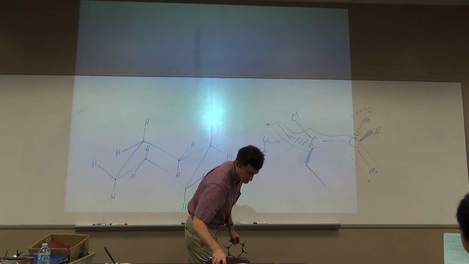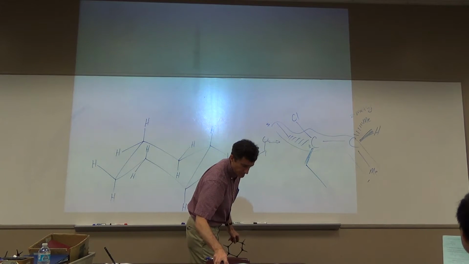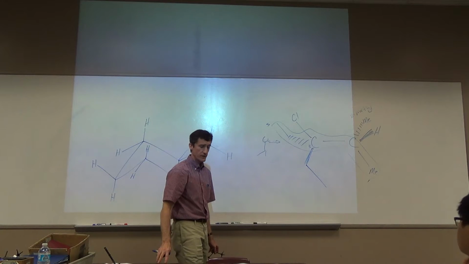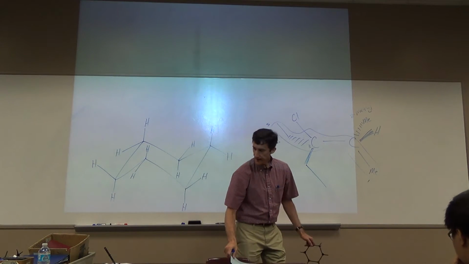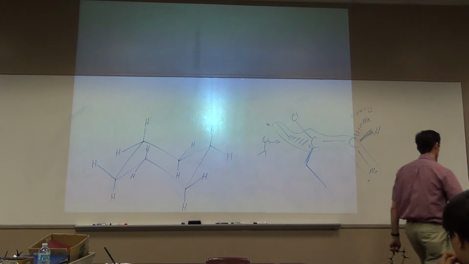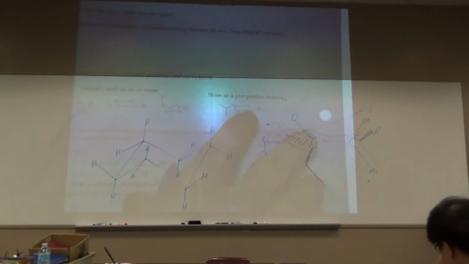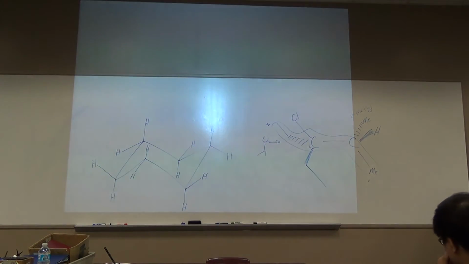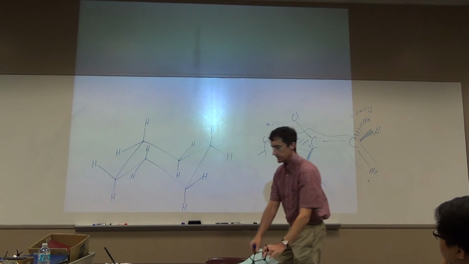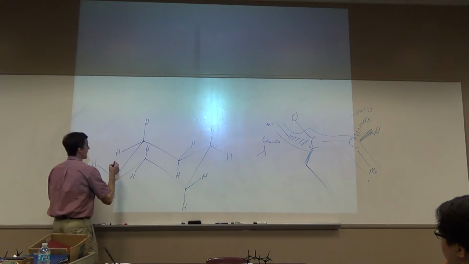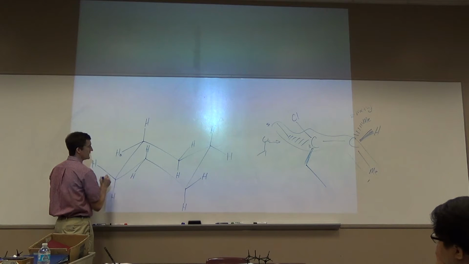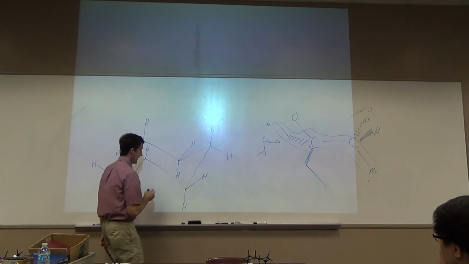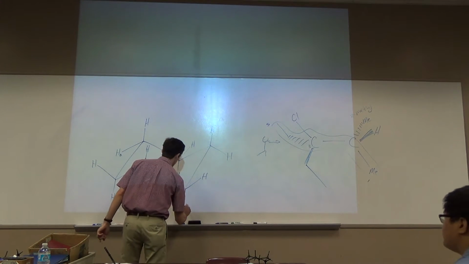Okay. Now, an important thing is identifying things as cis or trans. Look on the handout. Before we erase here, let's identify them here. Let me call this HA. Let me call this HB.